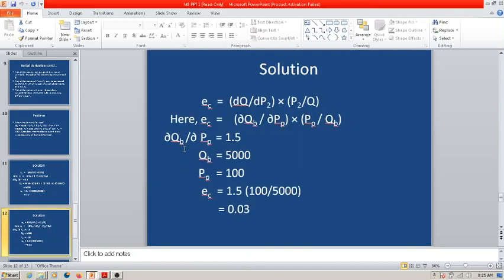So the partial derivative will turn out to be 1.5. QB we already calculated, it is 5000. PP is given as 100. Substituting all these values into the expression, the cross price elasticity will turn out to be 1.5 multiplied by 100 divided by 5000, which is 0.03. So that is the cross price elasticity of demand.